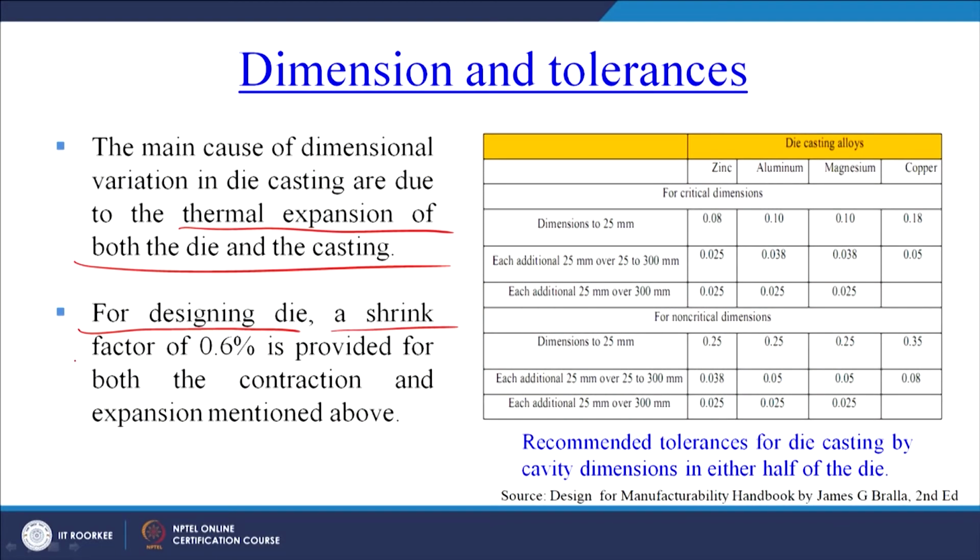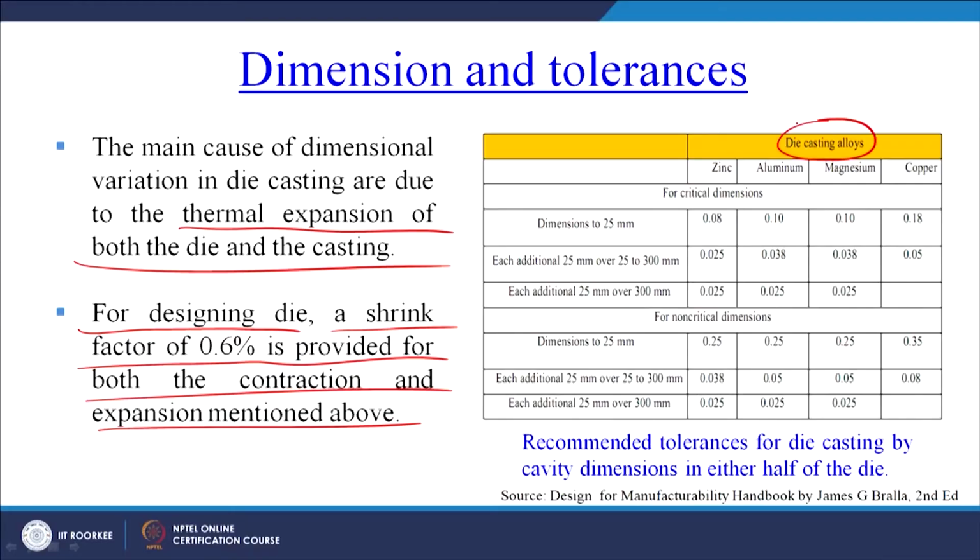A shrink factor of 0.6% is provided for both the contraction and expansion mentioned above. There may be dimensional changes in the metal when you pour it into the mold cavity, and the die also, because it is in contact with the hot molten metal, may vary dimensionally. That kind of variation can be accounted for if we provide the tolerance at the beginning of our process. That is what is given here.